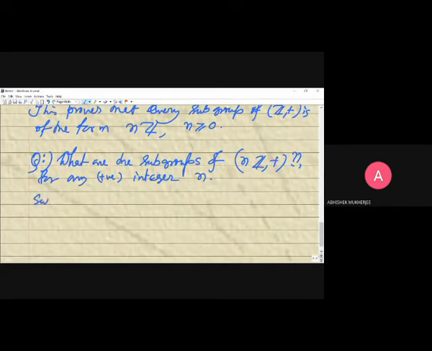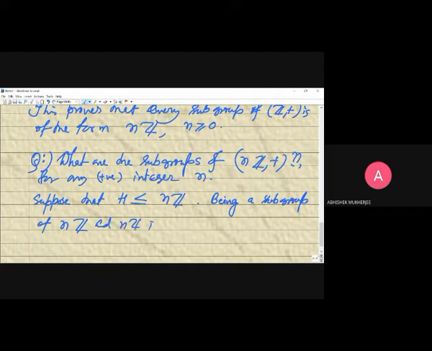So suppose that H is a subgroup of NZ. So being a subgroup of NZ, and NZ is a subgroup of Z plus, H will be a subgroup of Z plus actually, right?